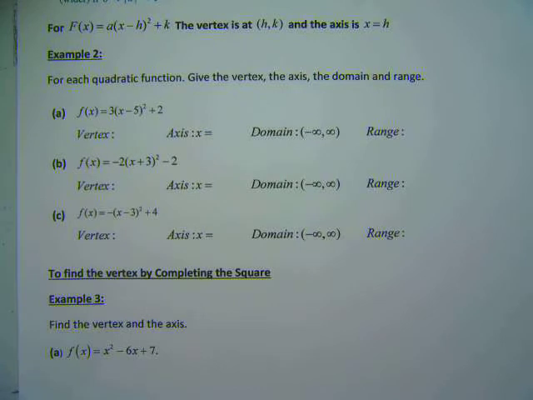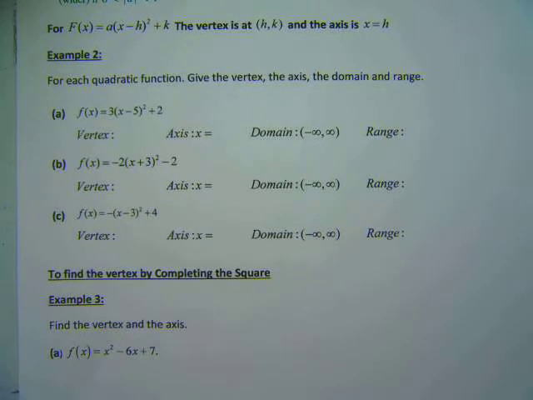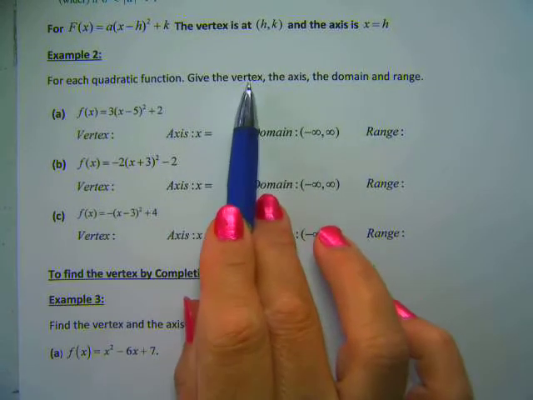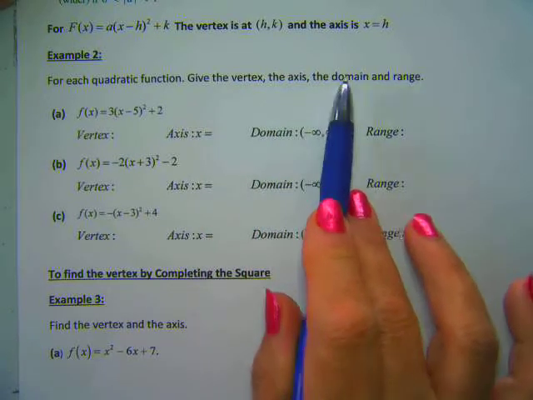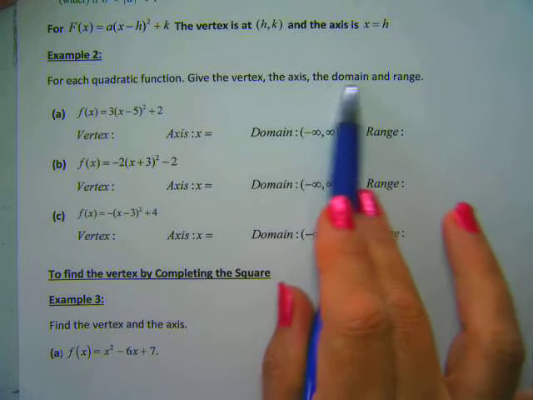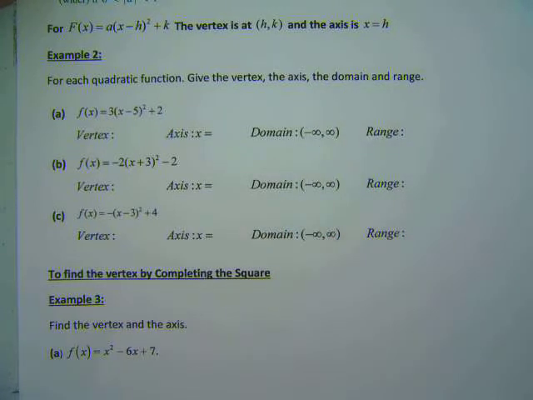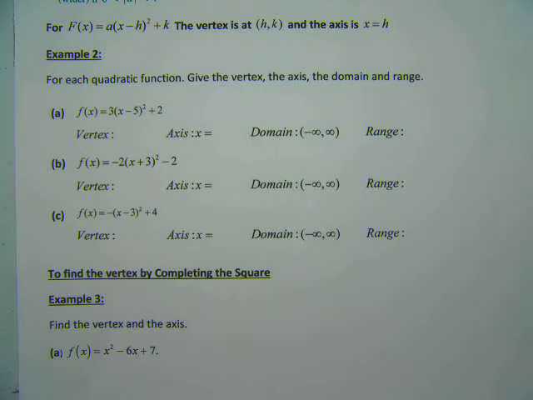axis. So for each one of these, we need to give the vertex, the axis, meaning axis of symmetry, domain, and range. What's nice about the domain, look, I filled it out already. What we love about polynomial functions is that the domain is always all real numbers, so not to worry about. So let's look at this.